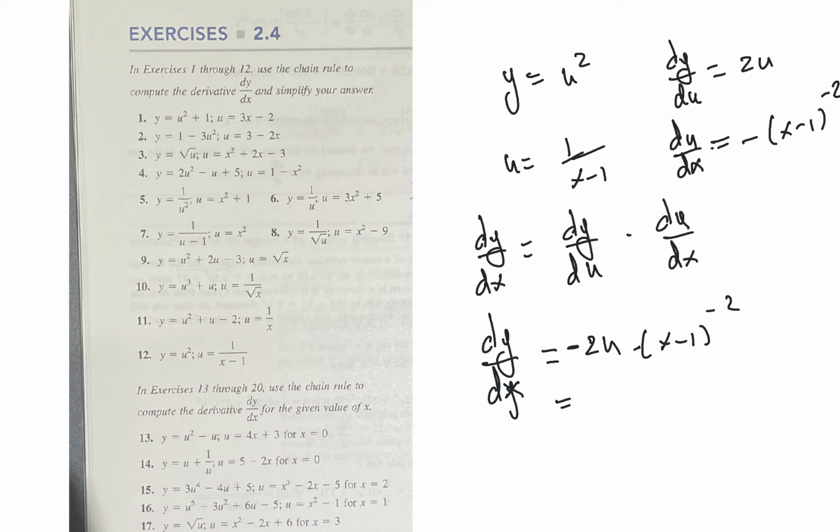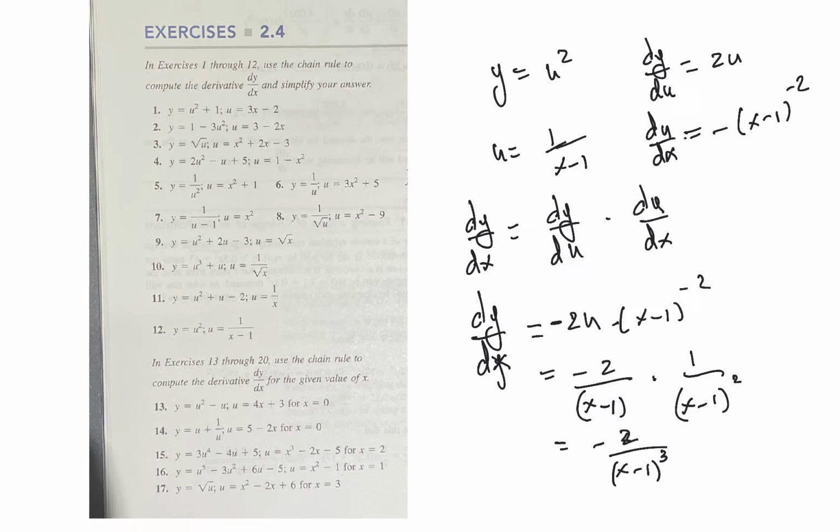We can plug in what u is, it will be minus 2 divided by x minus 1 multiplied by 1 over x minus 1 squared, or minus 2 divided by x minus 1 to the cube.